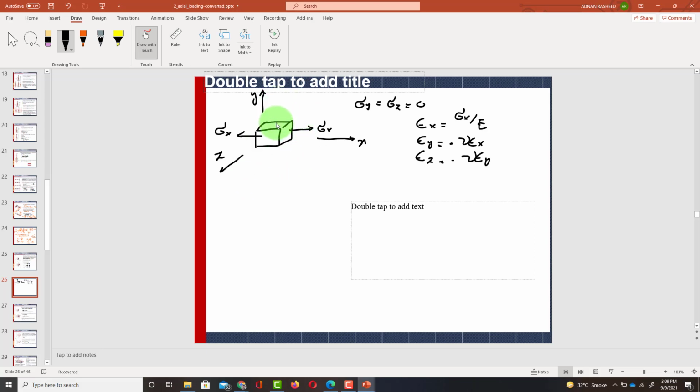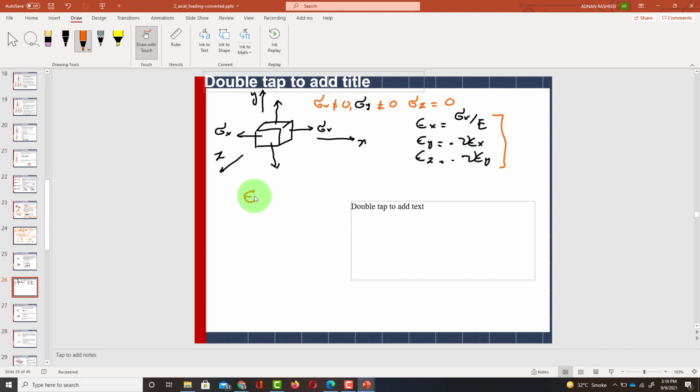But what if we apply the stress in the y direction as well? Now sigma x is not equal to 0 and sigma y is not equal to 0, but sigma z will be equal to 0. In that case these strains will be produced.